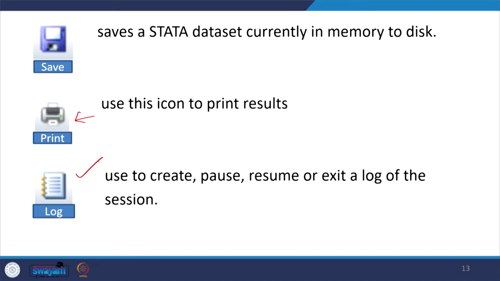Logbook is very important. It is very helpful to create, pause, resume or exit a log of the session. So, there are various functions you can do through the log file. How to do it, we will tell you right now. Log file saves the output in text format, that is important.